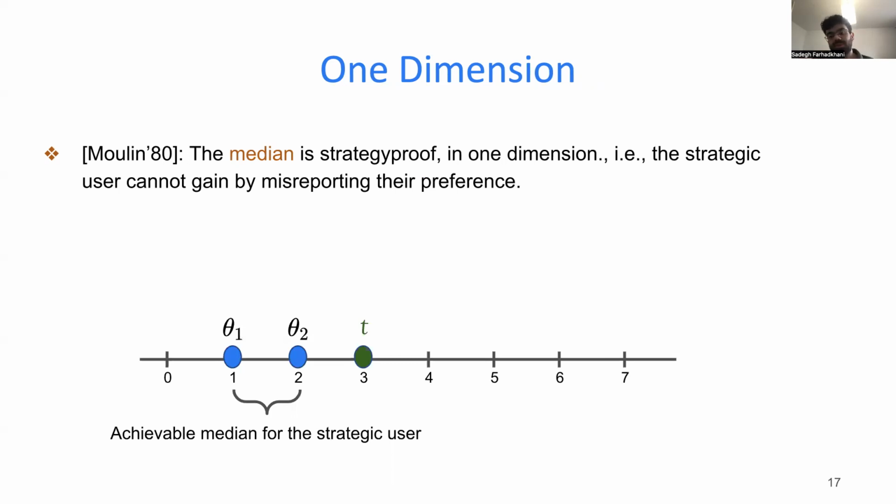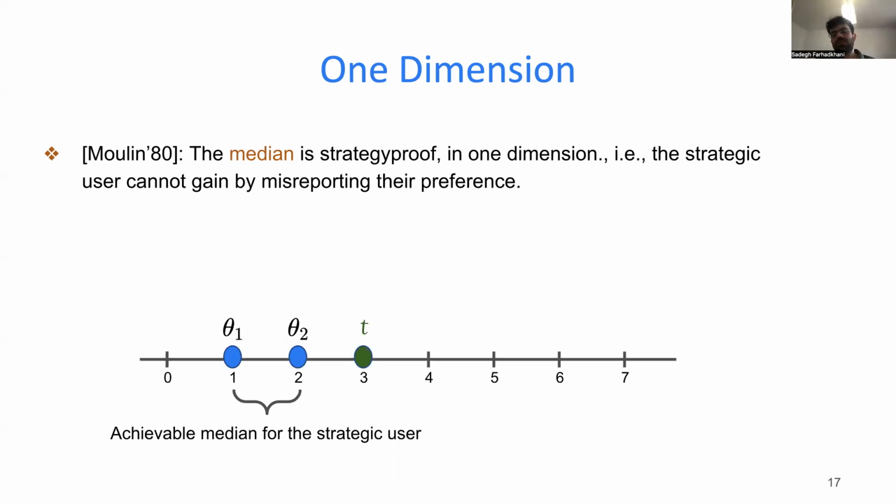And the closest point to their target value is 2, which is already achieved if the strategic user reports its true target value 3. So it's not actually possible to do better than that. So the system is strategyproof.